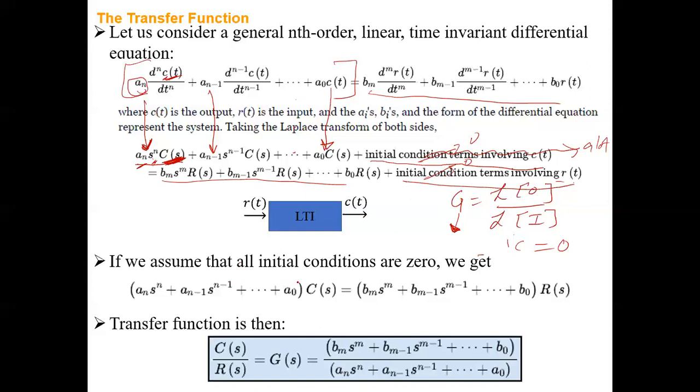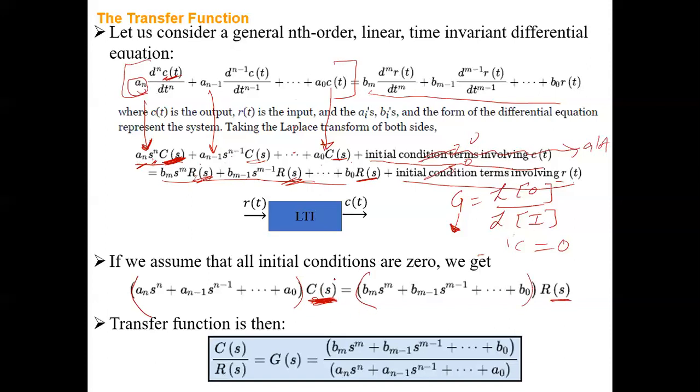So in that case, my equation becomes like this: an s to the n, an minus 1 s to the n minus 1, down to a0, times C(s). You can factor this out: C(s) is here, here, and here, so factor C(s) out, and everything else is inside the parenthesis. Similarly, you can factor out R(s) from the input side.